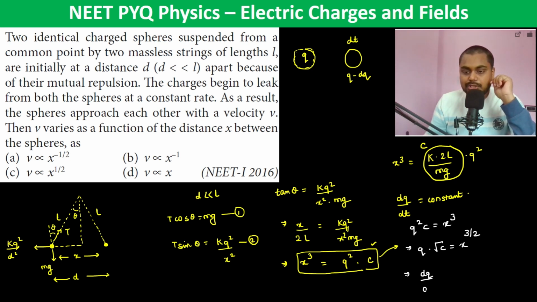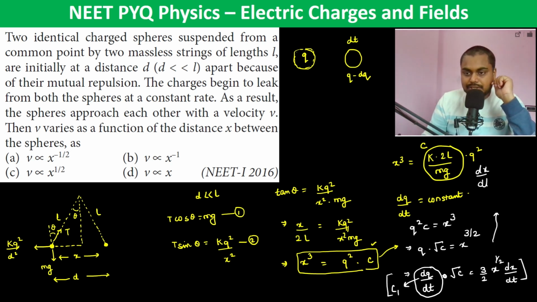So this is going to be dQ by dt is equal to root C, sorry, into root C is constant, is equal to 3/2 x^(1/2) dx by dt.